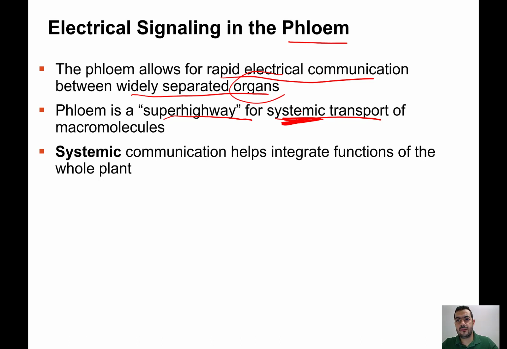So imagine that a leaf needs more water or nutrients. Through the phloem, these signals from the leaf, the demand of the leaf, will be transmitted to the root in order to absorb the nutrients or the water needed by the leaves, and so on.